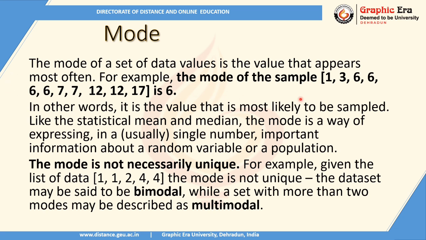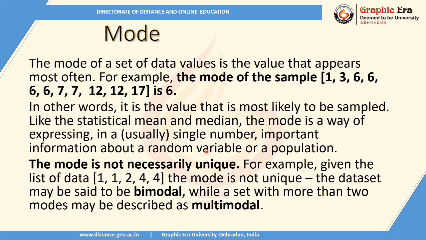So in the given data, 6 appears 4 times, while 7 appears 2 times, 12 appears 2 times, and 1, 3 and 17 appear only 1 time. So the frequency of 6 is 4, which is the greatest in this given data. That's why we say 6 is the mode of the given sample.